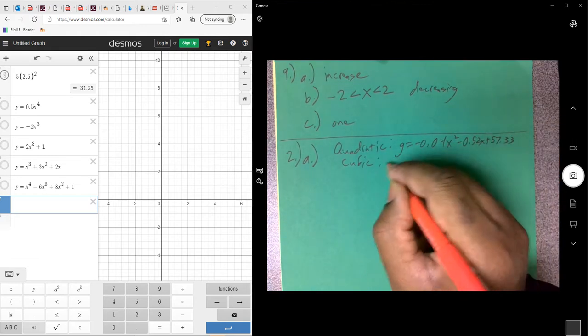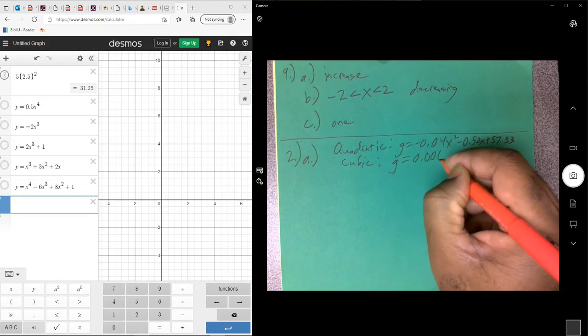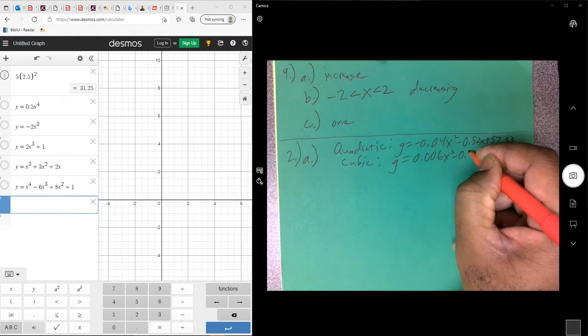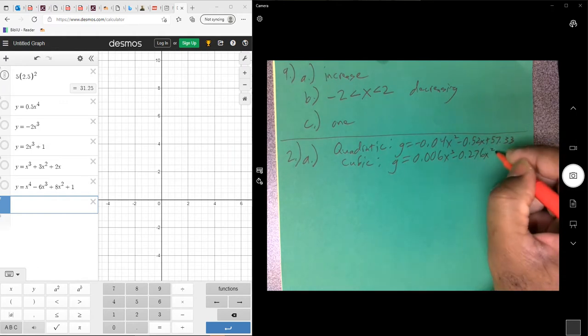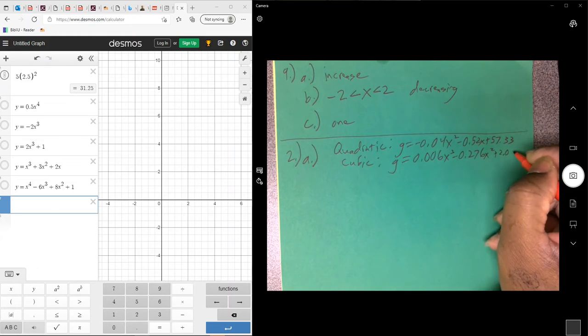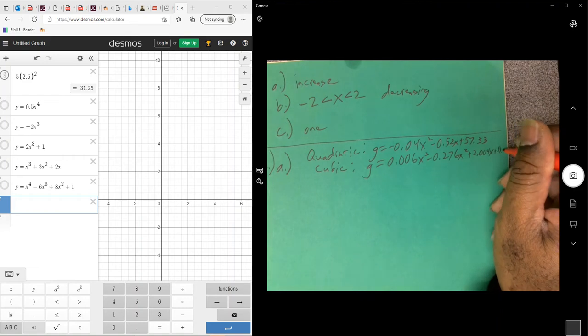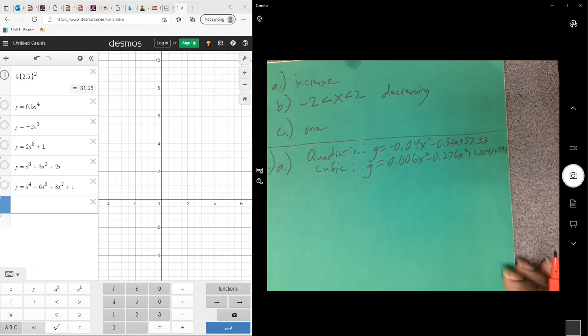The cubic was g is equal to 0.006 x cubed minus 0.276 x squared plus 2.004 x plus 51.98. Those were the two formulas that we got from 1b.